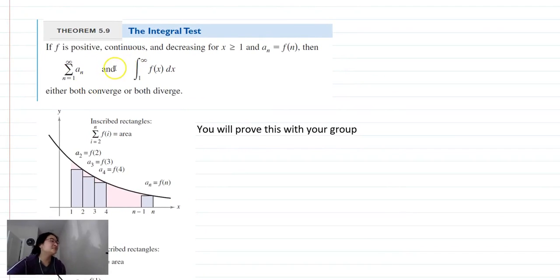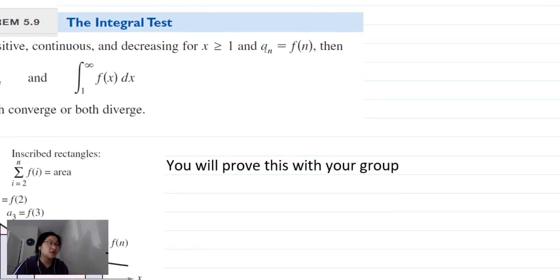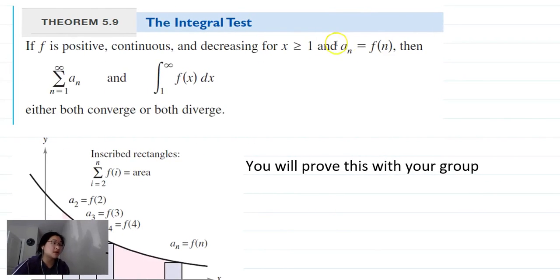Our integral test is if we have a positive and continuous and decreasing function f, starting from 1, which is our first positive integer, and going on from there, and we can also describe the terms of our sequence that we're adding up in our infinite series as matching our function.